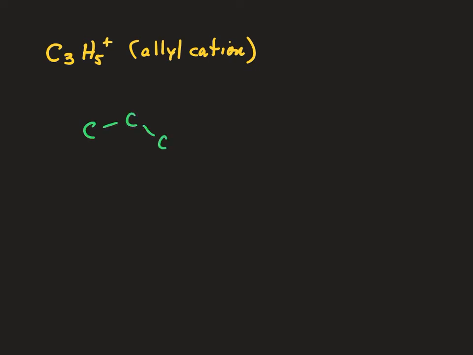Okay, so now we'll look at a species C3H5 plus, which we'll call the allyl cation. Now, this is one of those cases where having an indication about the connectivity helps, right? And so I will let you know that the carbons are in a row.